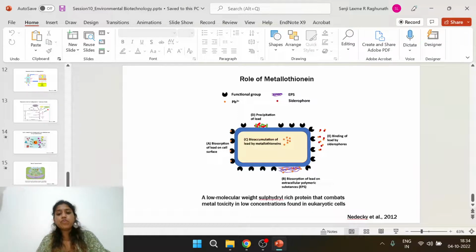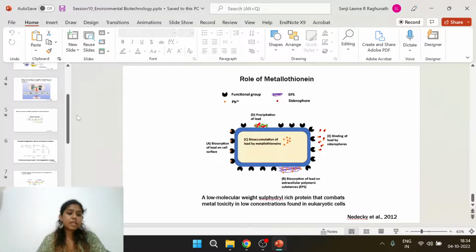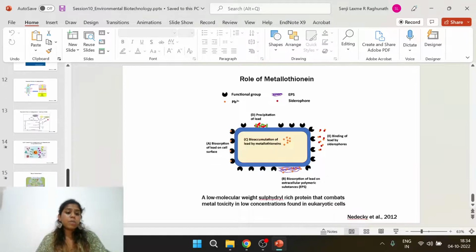We will look further into this in one more session, but this is mostly what we should keep in account when we are trying to consider degradation of metals by microbes.